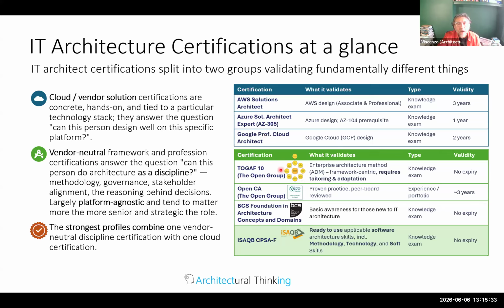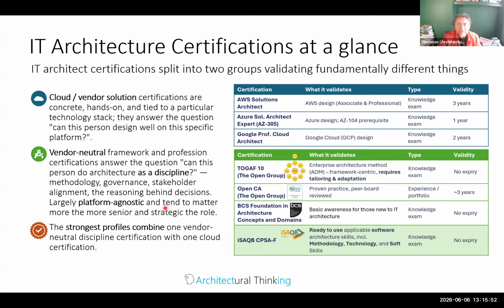iSAQB, alongside TOGAF and the one by the British Computing Society, are more vendor agnostic. So they prove that you understand to some degree architecture as a discipline. Okay, they are platform agnostic.